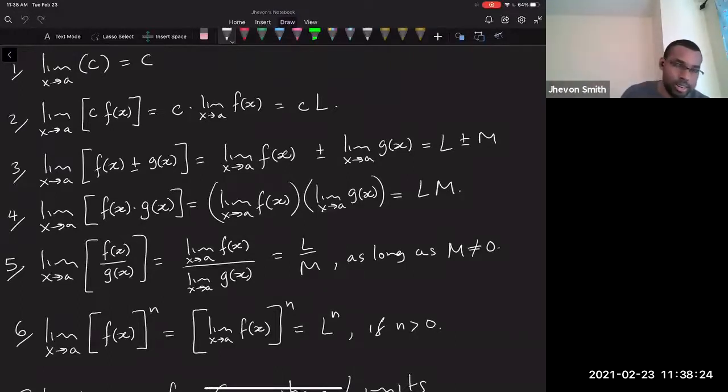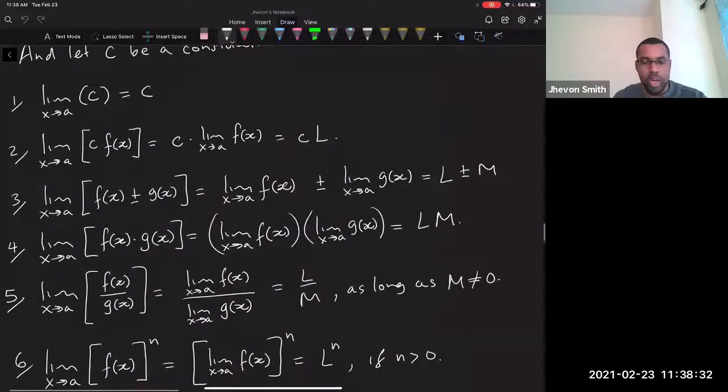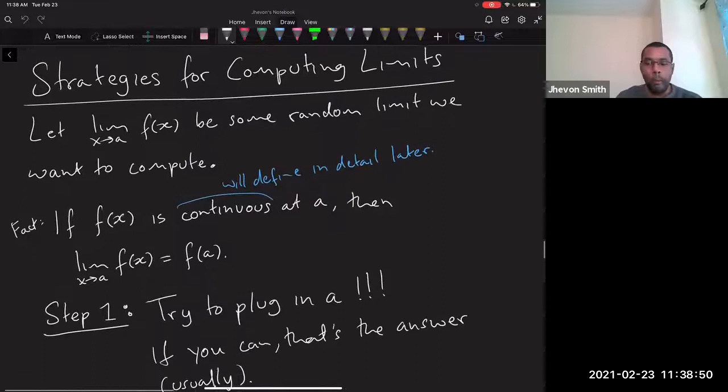You can move them inside and out of powers, inside and out of radicals. They're just really cool. Usually something would do some of these things, but not all of these things. But limits are actually very nice.